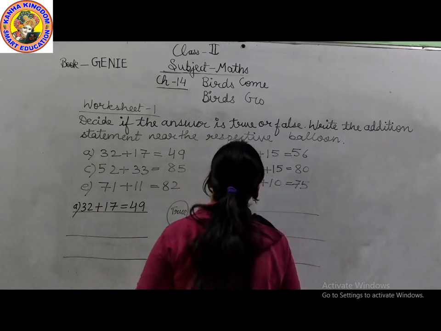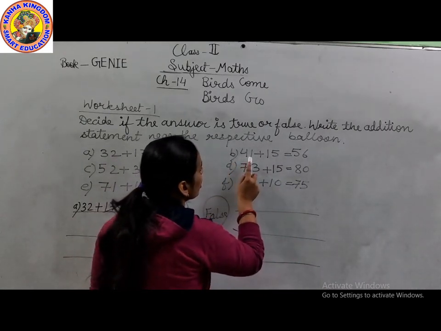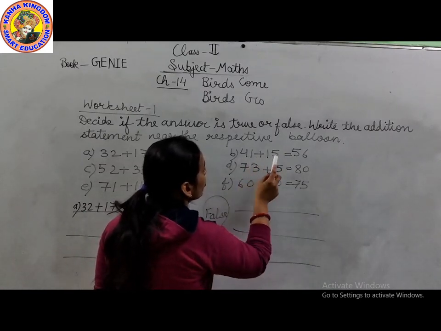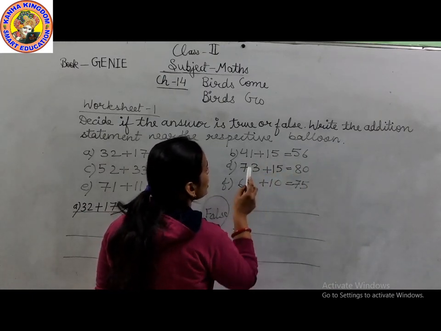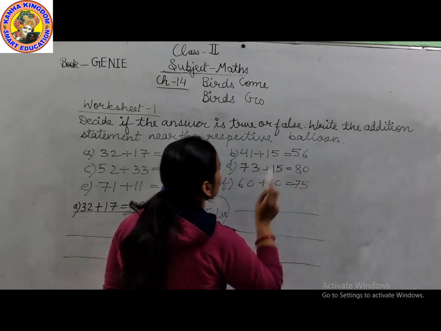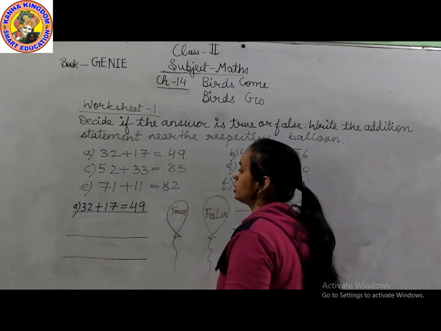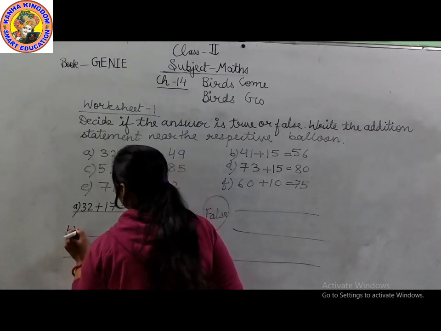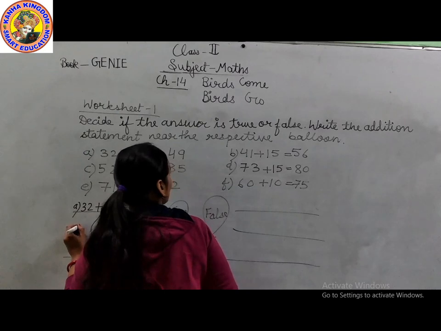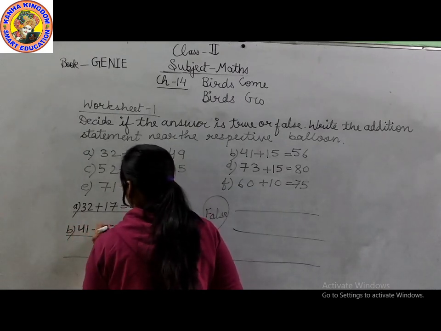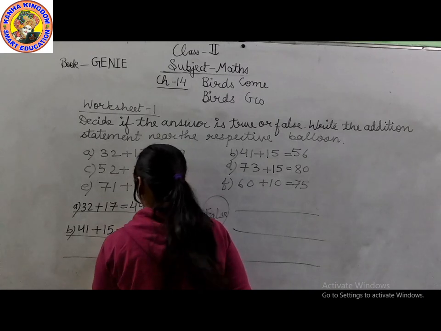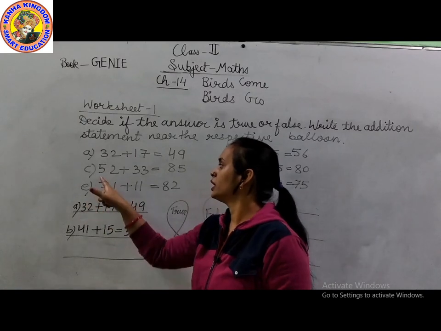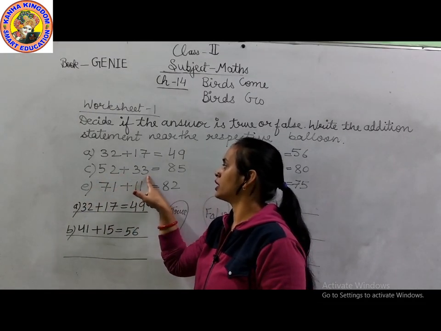Now next question, question number B, 41 plus 15. 1 plus 5 equals 6. 4 plus 1 equals 5. So this is a correct addition. So write this addition statement in the true column. 41 plus 15 equals 56.